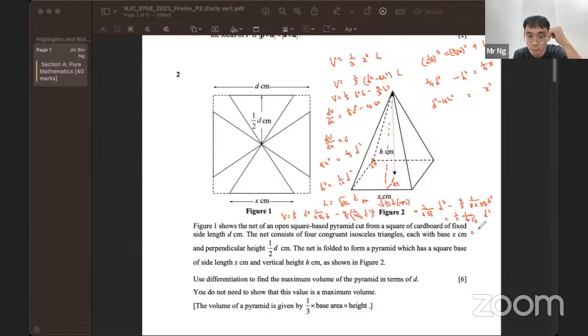So equals root 3 over 3. I'm very scared of that mistake, because these things don't look nice.